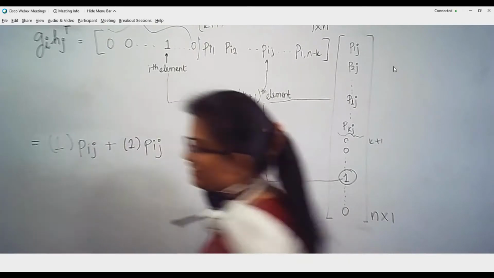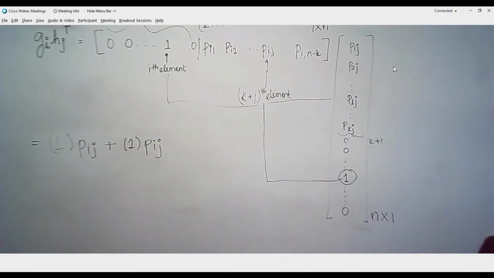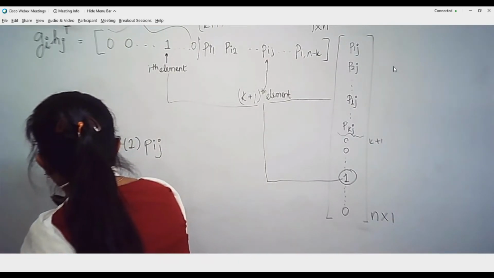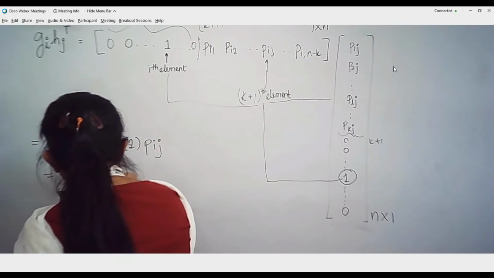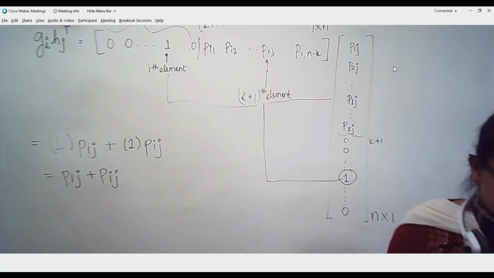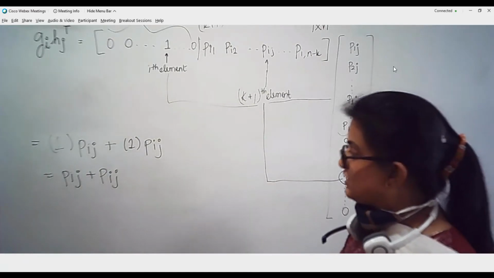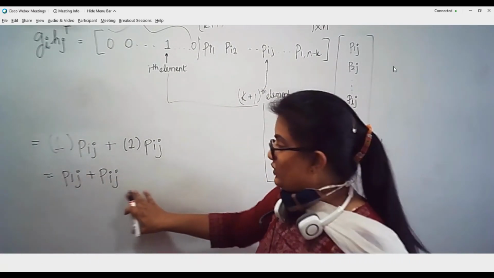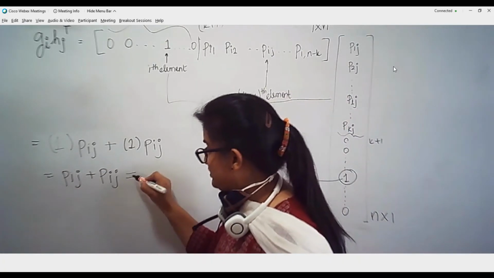The same thing will be repeated again. Okay, so here you are going to do the parity bits addition, which is p ij plus p ij. In modulo 2 addition, when you add two similar bits, what is the result?